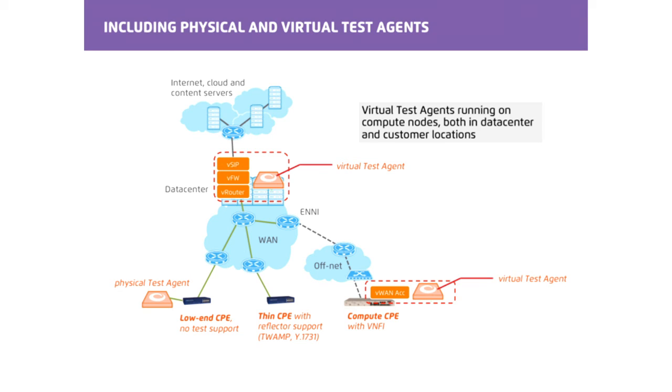No one really wants hardware boxes out there, but still this is a low-cost, cheap box that could be used in the meanwhile until you have compute devices more commonly distributed. And still in the middle, we have the thin CPE that can be used for reflector support.